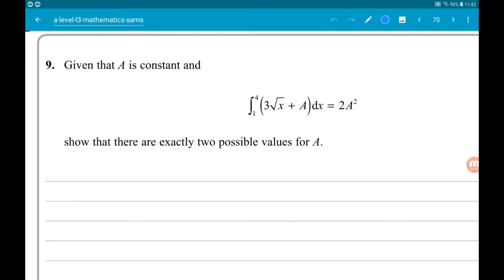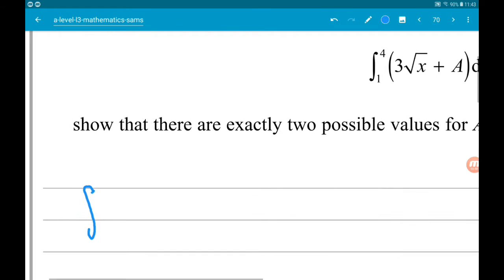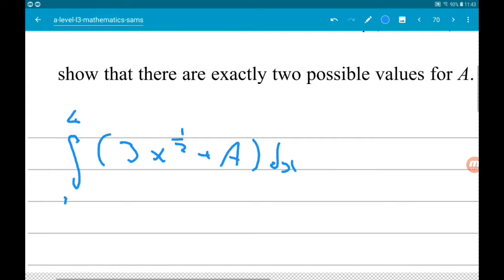So, the integral between 1 and 4. Now I'm going to call it 3 root x, 3x to the 1/2, add a with respect to x.